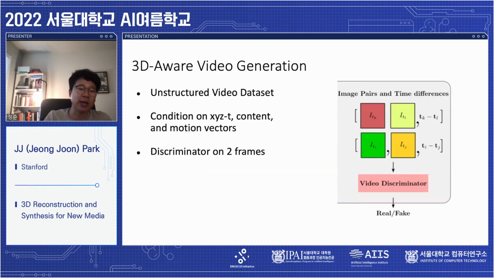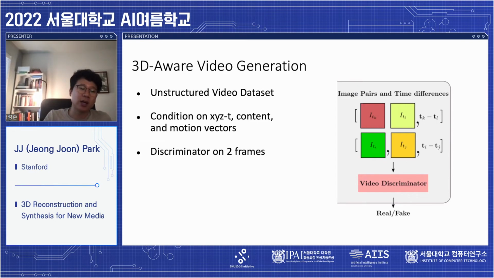The last change we made is from the discriminator, which needs to learn realistic movements as opposed to just learning the realistic appearance. So this discriminator takes 2 frames instead of 1 frame and is conditioned on its time differences between the 2 frames.